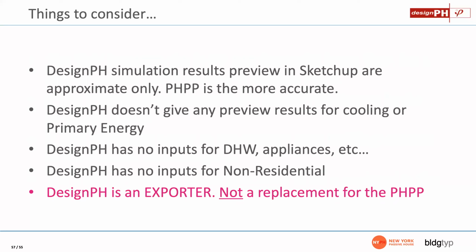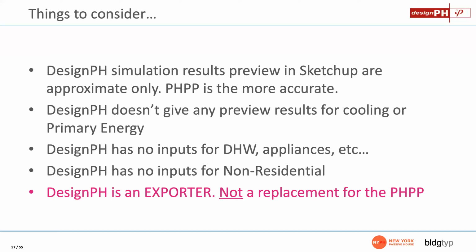In addition, DesignPH does not give any preview results for cooling, for primary energy, for heat load, or for peak cooling load. There's a lot of stuff we still want to know about our buildings which is not present in the DesignPH preview. Again, what it means in reality is the DesignPH is a super important piece of our workflow, but it's just one piece. It doesn't take us all the way there. We still need that PHPP in order to get a complete energy model.